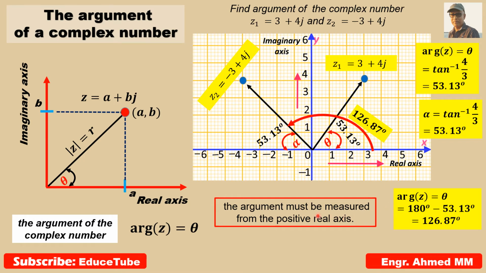So it satisfies the condition that it must be measured from the positive real axis. That's it, 126.87 for this number. Let's move to the next slide to see how to find it in other forms, like polar form.